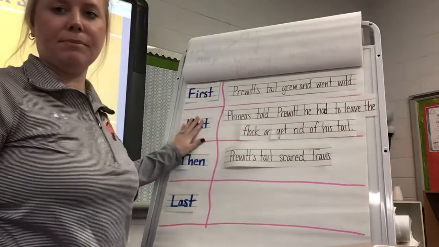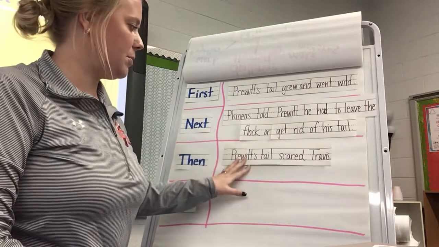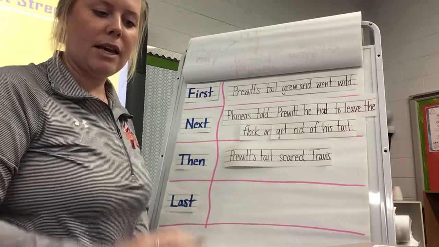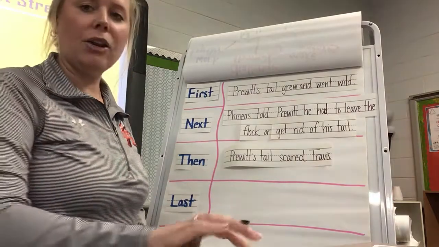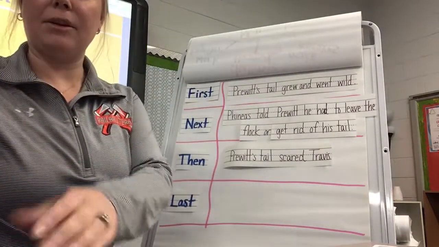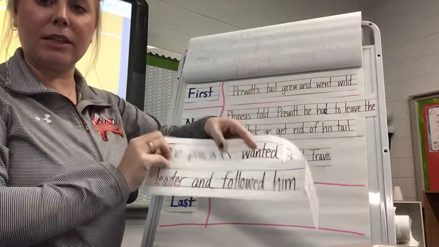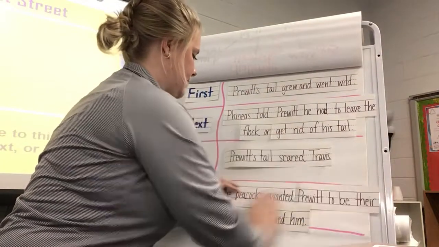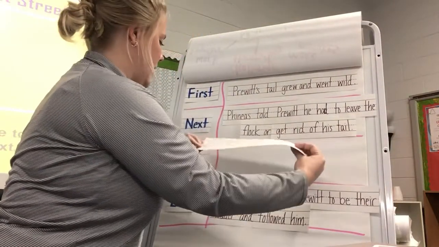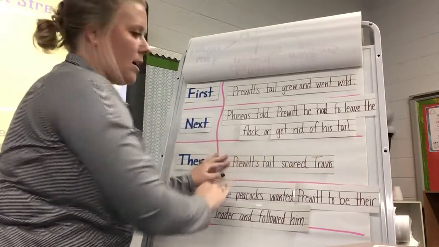All right, now we have two events left. Prewitt's tail scared Travis, and the Peacocks wanted Prewitt to be their leader and follow him. Well, I know that this was the last event that happened. I know that the Peacocks wanted Prewitt to be their leader and followed him. That was last. So let's see, Prewitt's tail scared Travis. Does that fit here? Let's double check our work and make sure.